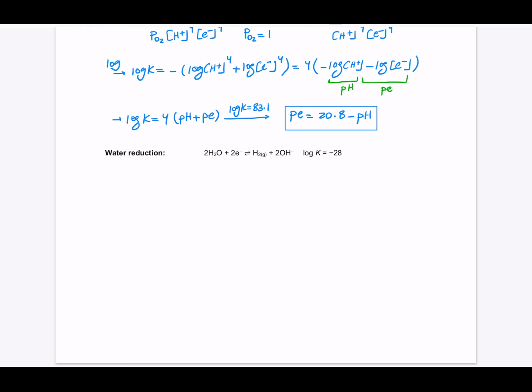So the equilibrium expression: K would be the partial pressure of hydrogen, hydroxide, and then water, and then electron. So this would be 1, this would be again 1, and then eventually would give us K equal to hydrogen, hydroxide and then electron.